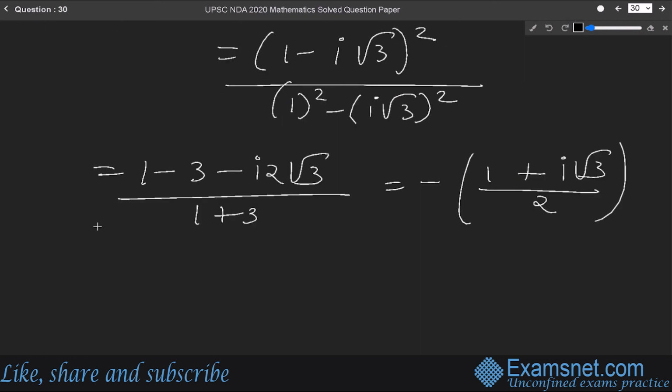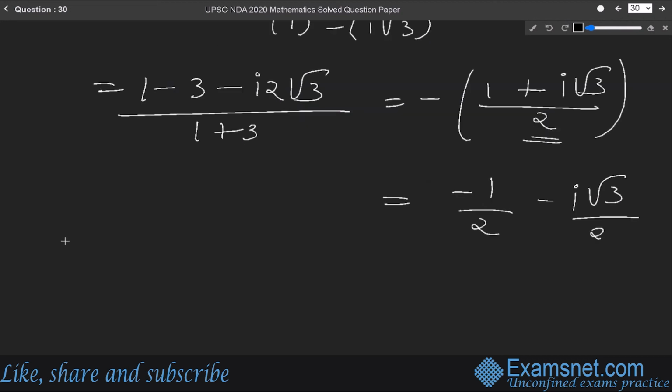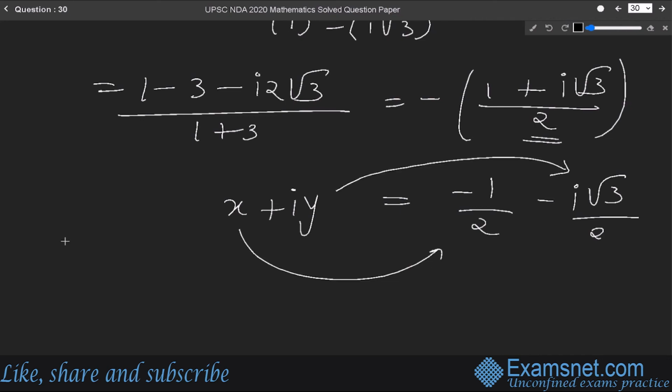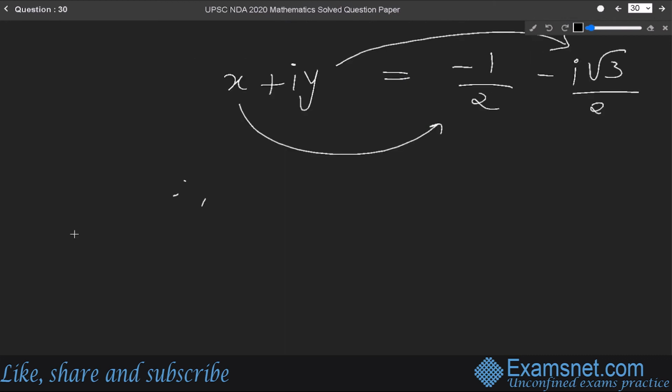Now separating these terms, we can write it as minus 1 by 2 minus i root 3 by 2. I have just separated the numerator in two parts. So from here we can say that this was equal to x plus iy. Therefore x is equal to minus 1 by 2 and y is equal to minus of root 3 by 2.